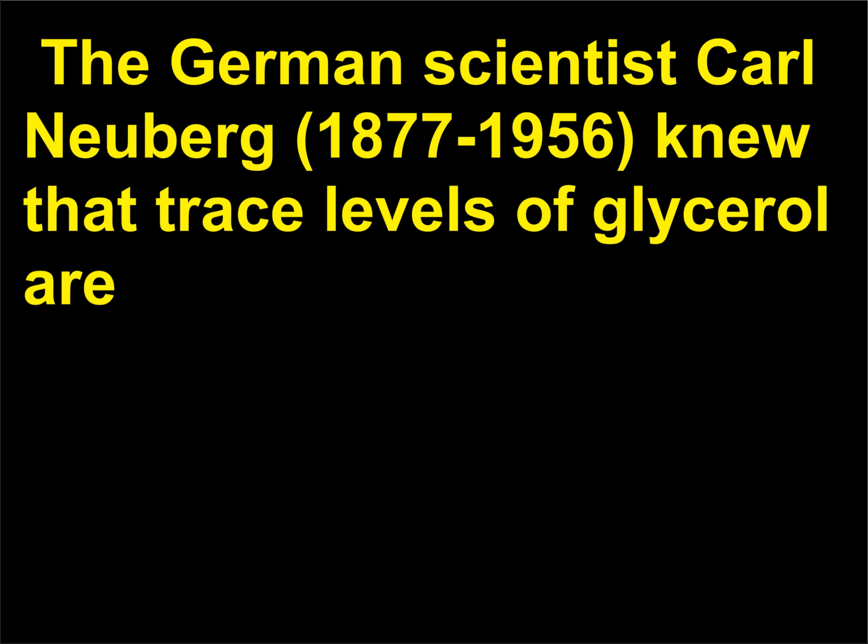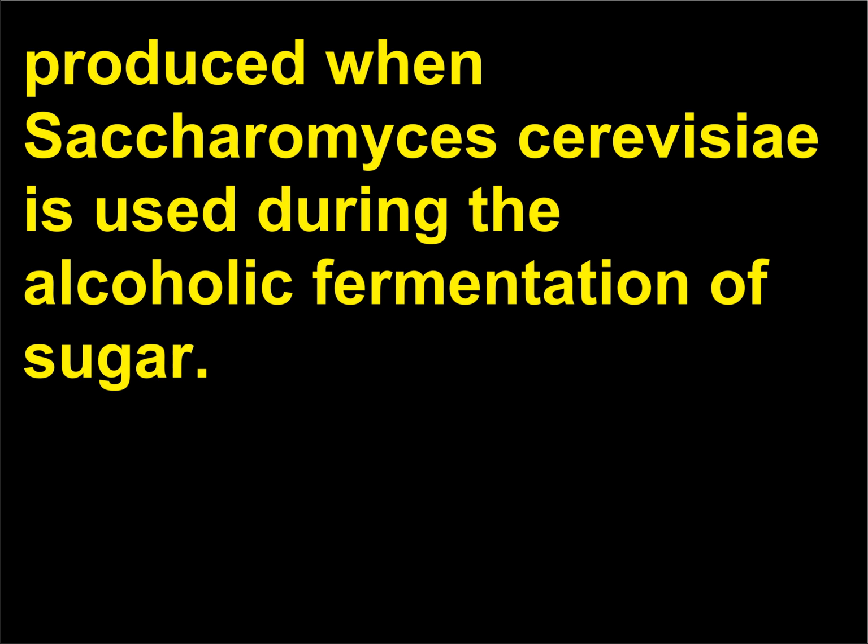The German scientist Karl Neuberg, 1877–1956, knew that trace levels of glycerol are produced when Saccharomyces cerevisiae is used during the alcoholic fermentation of sugar.